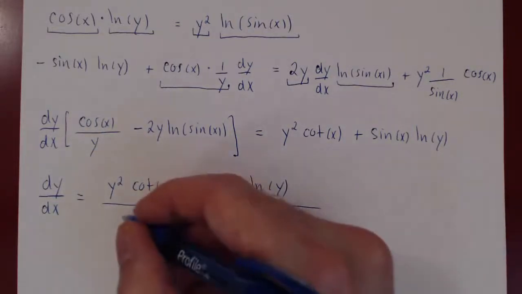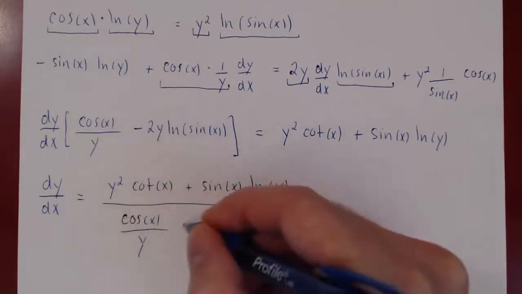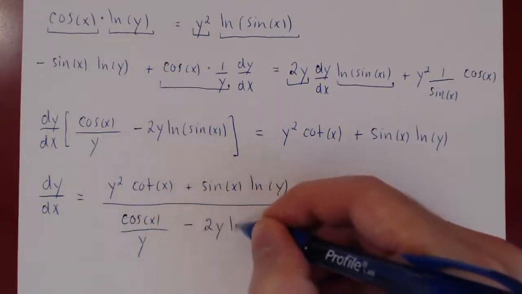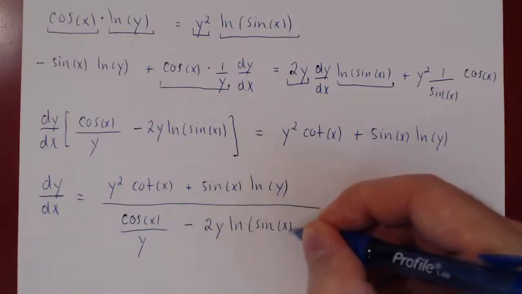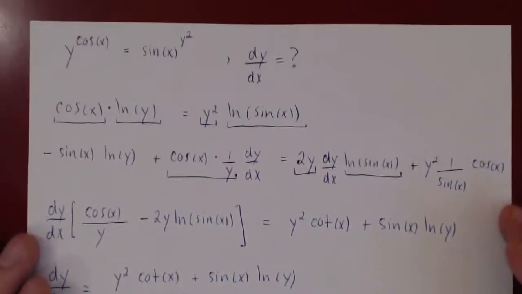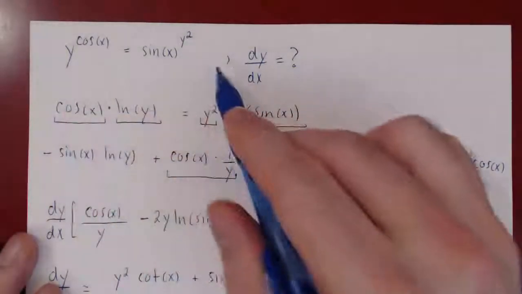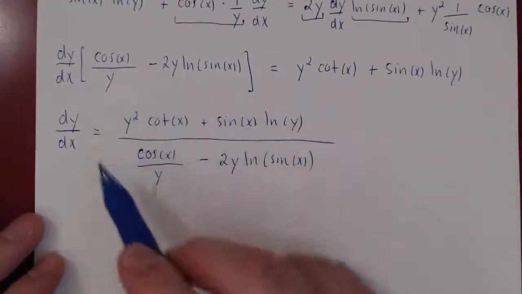Doesn't matter. We'll leave the cos of x over y minus 2y ln of sine of x. And there you have it. The derivative of the curve given by this equation happens to be this expression of x and y.